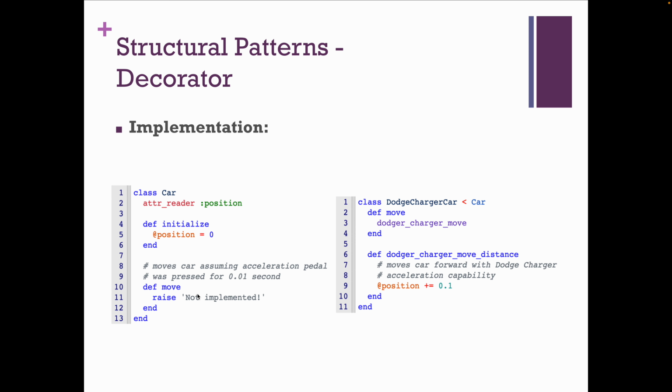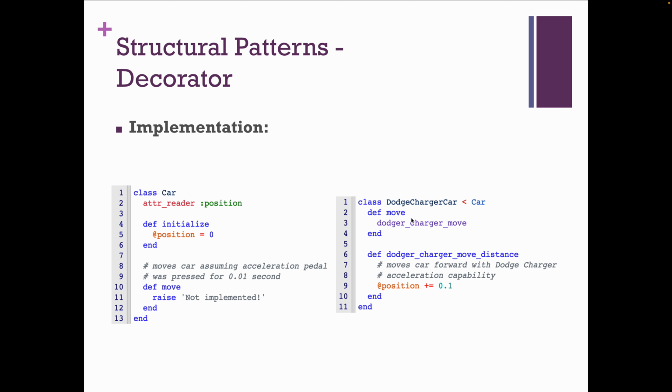So if we were to look at the code, we have a car, it moves. It doesn't have any implementation for the basic car, but we have a Dodge Charger car, and this one moves with a speed of adding 0.1. Assume that the move method gets called 30 times a second, like with games, where you're rendering 30 frames a second.